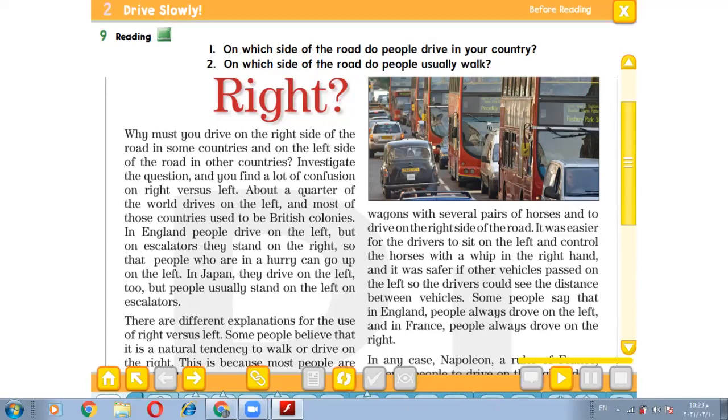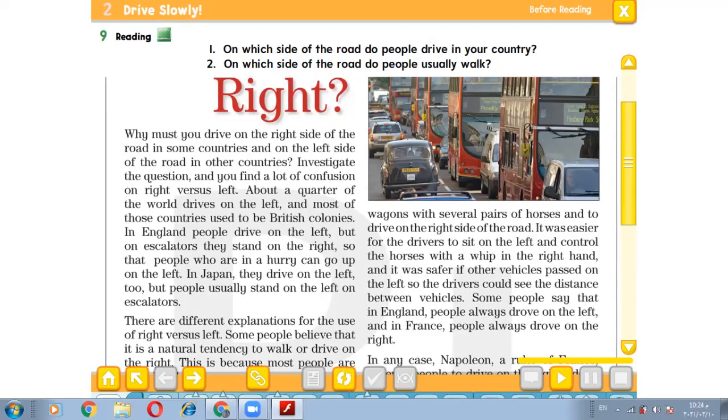Investigate the question and you find a lot of confusion on right versus left.